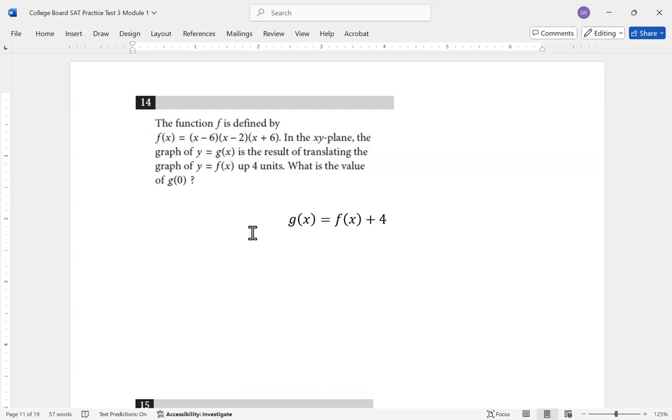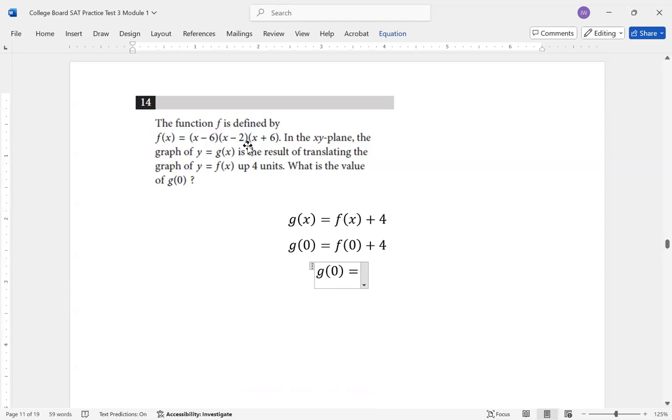What is the value of g of 0? Well, g of 0 is going to be equal to f of 0 and then plus 4. So all I have to do to find g of 0 is plug in 0 into this function and then add 4. So we'd get 0 minus 6 times 0 minus 2 times 0 plus 6.